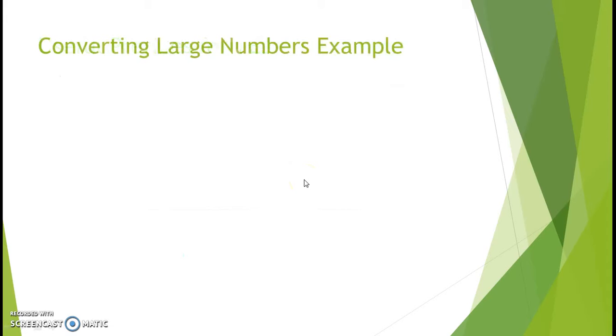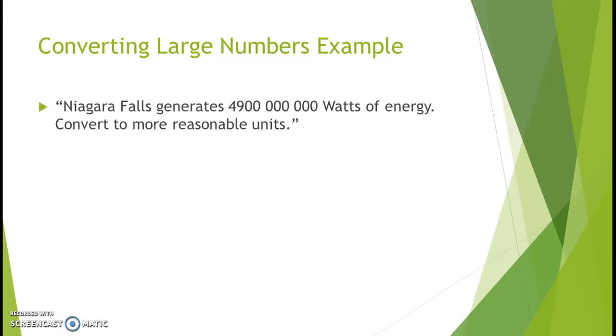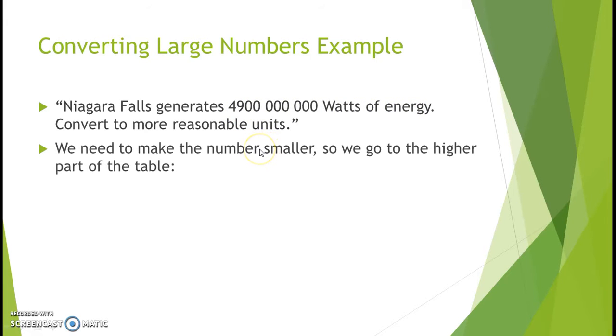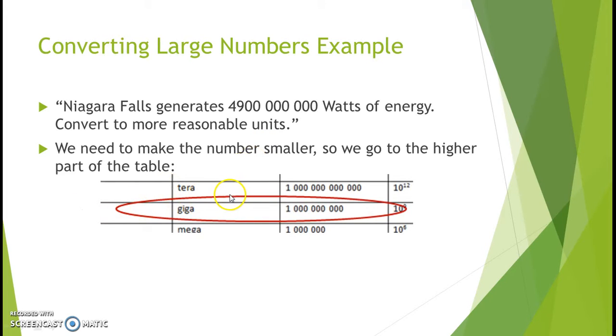All right, so let's see how we use this kind of idea in anger. Let's go back to our statement. Niagara Falls generates 4,900 million watts of energy. Convert to more reasonable units. So we need to make the number smaller. So we go to the higher part of the table and we find a similar number of zeros that we have here.